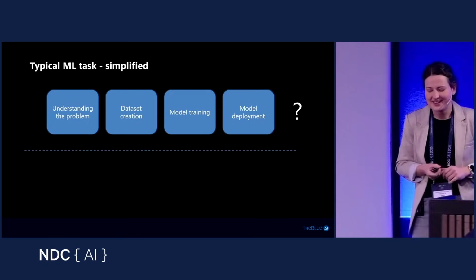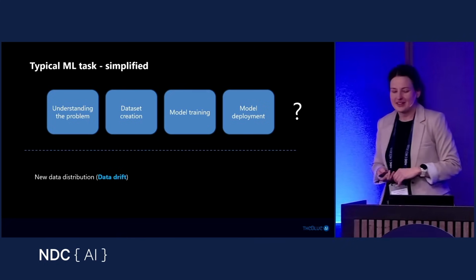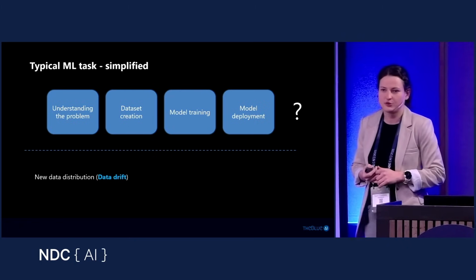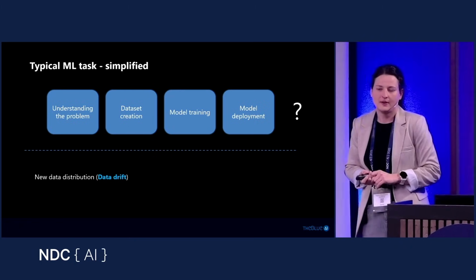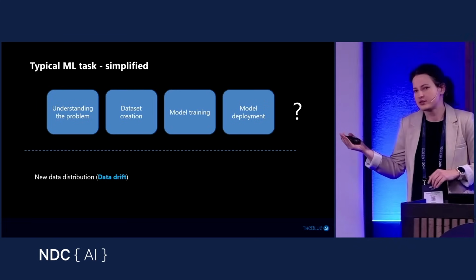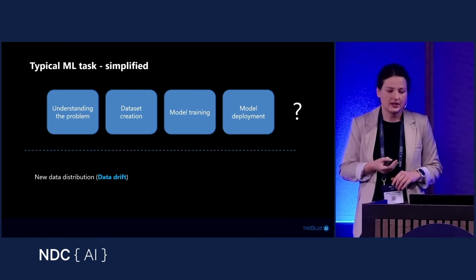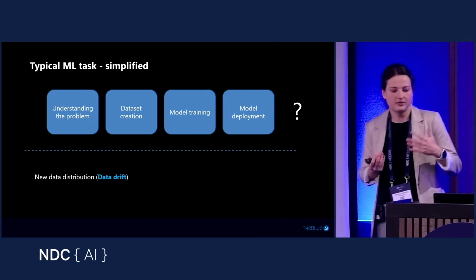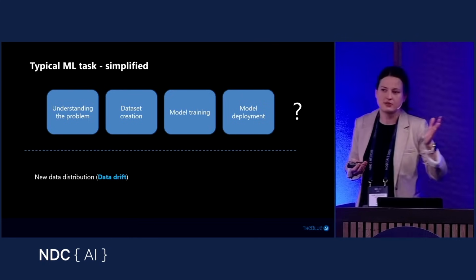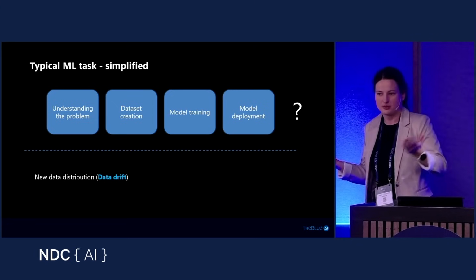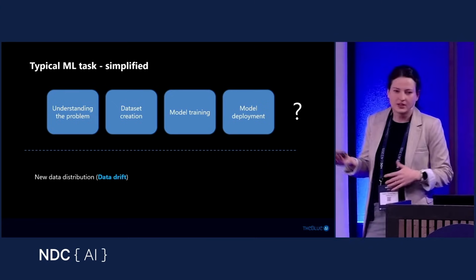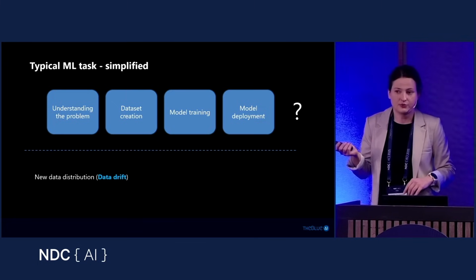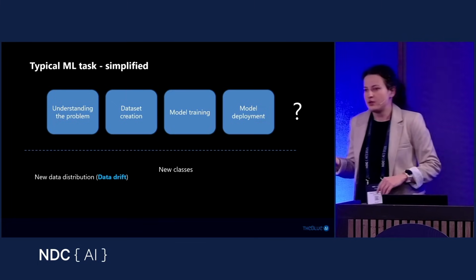Not in machine learning. So sooner or later, we'll have, for sure, data drift. So the distribution of our data will change. Be it, for example, using different scanners in our use case, or maybe the behavior of our clients will change. Or the fraudsters will change their behavior because our financial system models will recognize the fraud, so they'll start to behave differently. Maybe we'll want to add new classes.